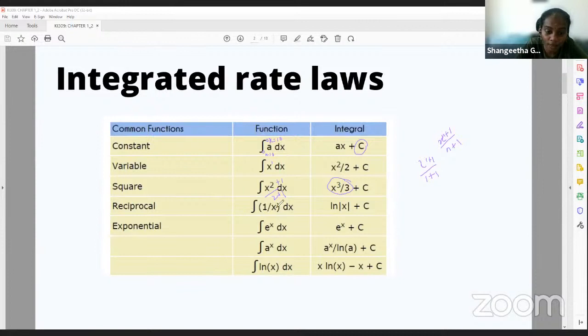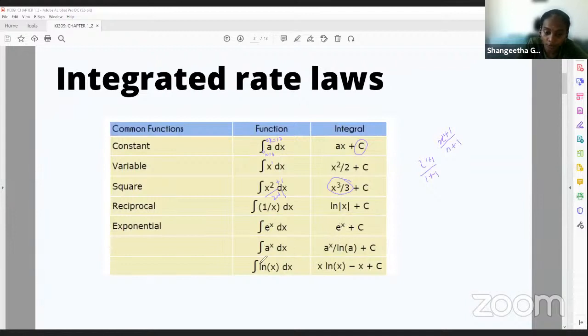And then of course, when you have a reciprocal, you integrate 1 over x, then you get ln x. Another important one is the exponential integration. When you integrate e to the x dx, you will get back e to the x.